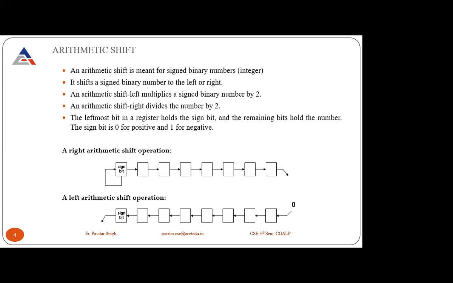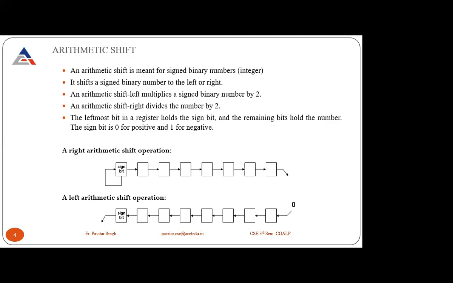So how will this arithmetic shift work? Let's see. It shifts a signed binary number to the left or right. An arithmetic shift left multiplies a signed binary number by 2. We will take an example for it in a later section. An arithmetic shift right divides the number by 2, right?